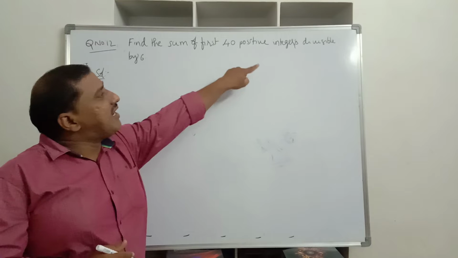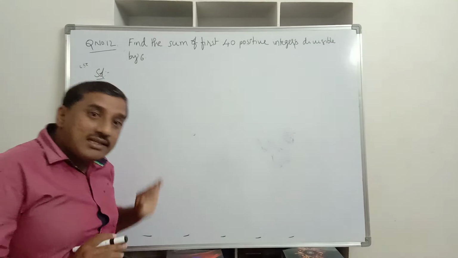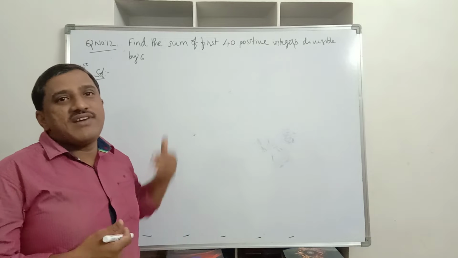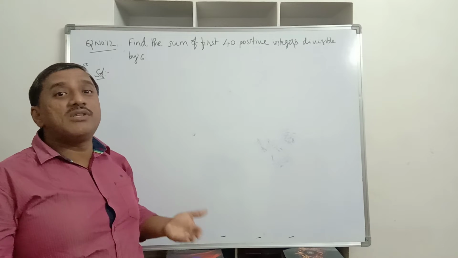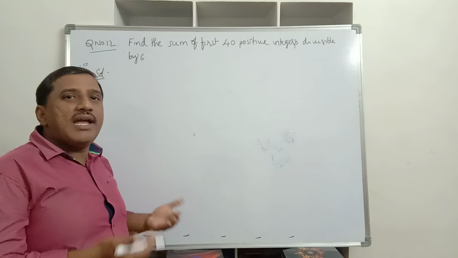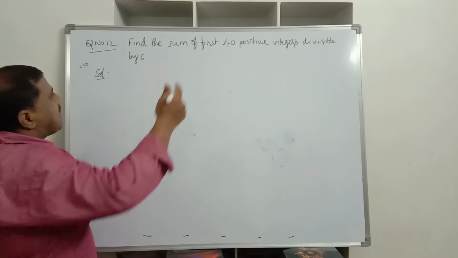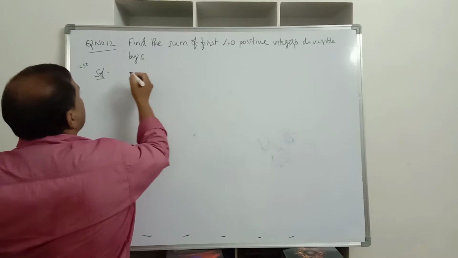Positive integers divisible by 6 are nothing but multiples of 6. If divisible by 7, multiples of 7. If divisible by 8, multiples of 8. Now we should write the numbers.